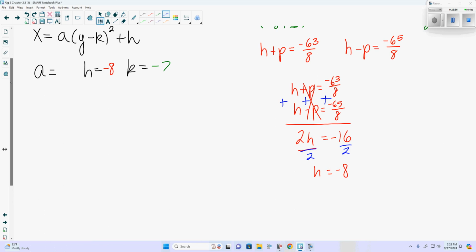Now we need to find p. To find p, I need to pick one of these two equations. I would say the plus, yes. The only reason I would go with the h plus p over the h minus p is that p is already positive. I don't have to try to multiply or divide by negative 1 to fix that. Just one less step. So we can say negative 8 plus p is equal to negative 63/8.